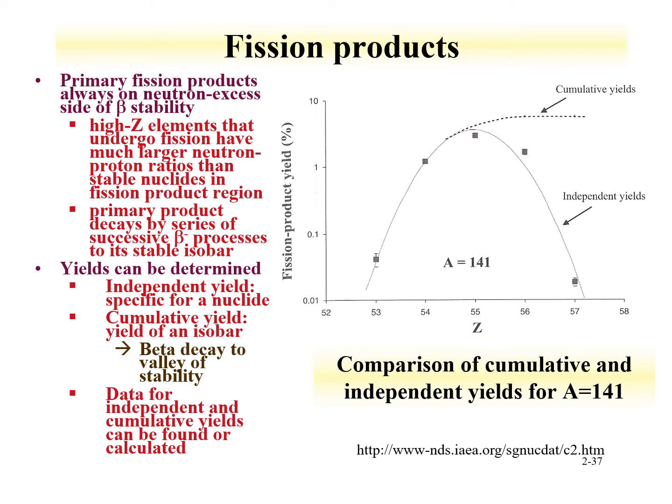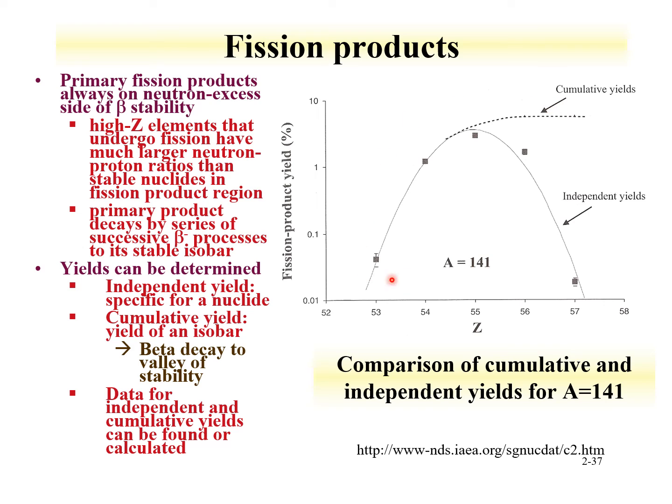Another aspect of fission products is how they are distributed. We've already talked about the yields being different, but even within a yield for a given isobar, for instance here the data is for A of 141, we have yields that can be either for specific isotopes, those are the independent fission yields, or the data that we see in the chart of the nuclides, the cumulative fission yields.